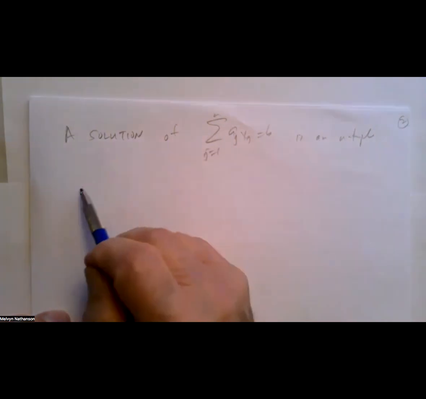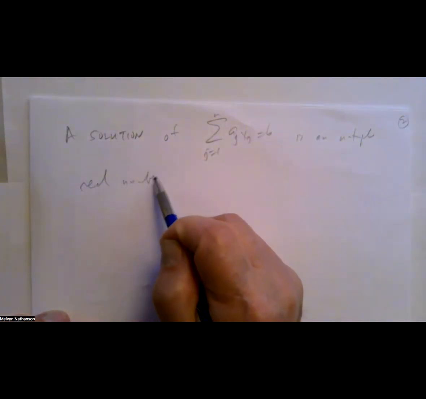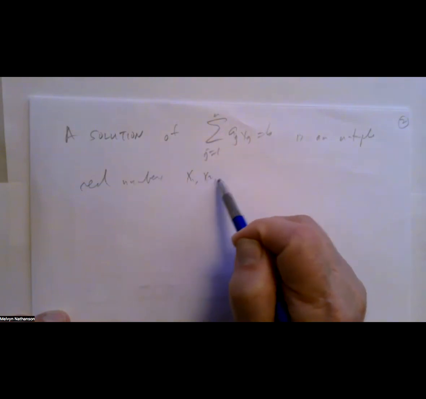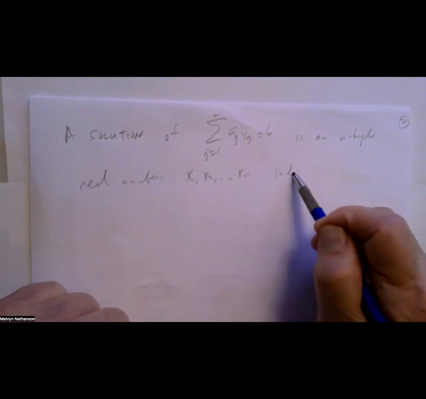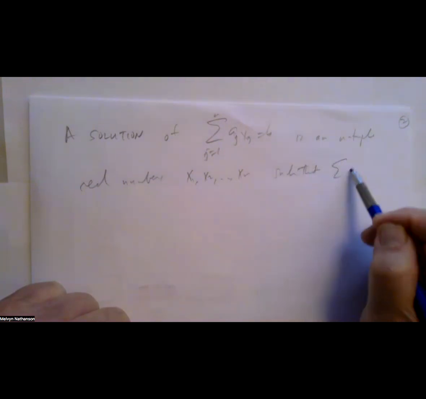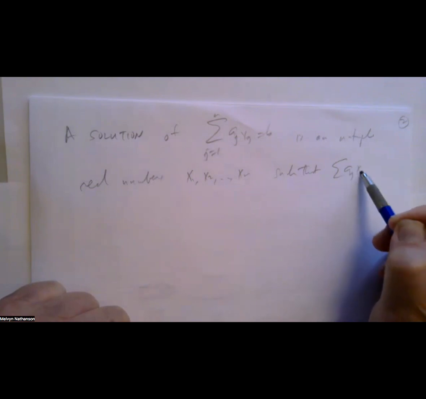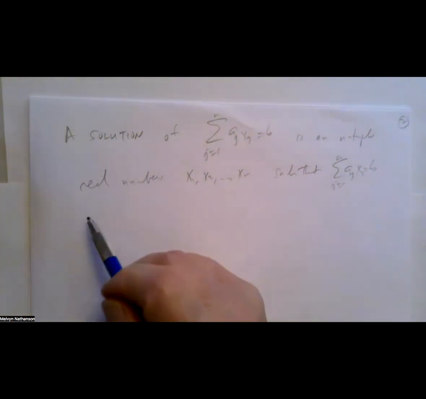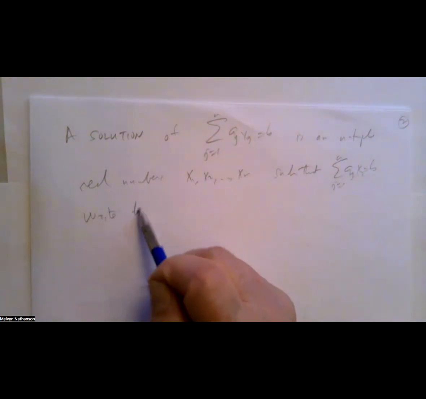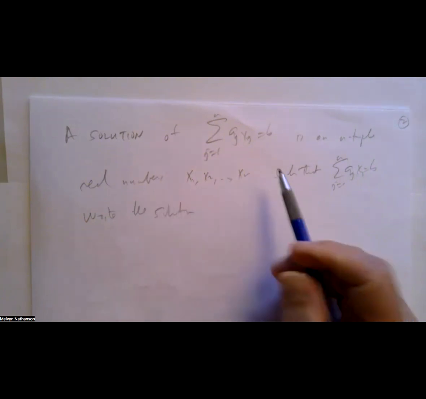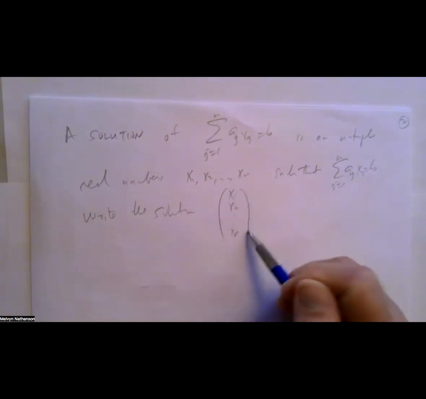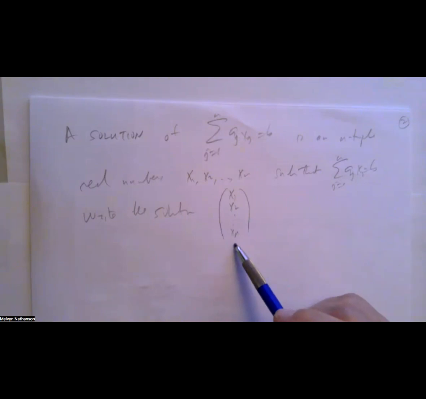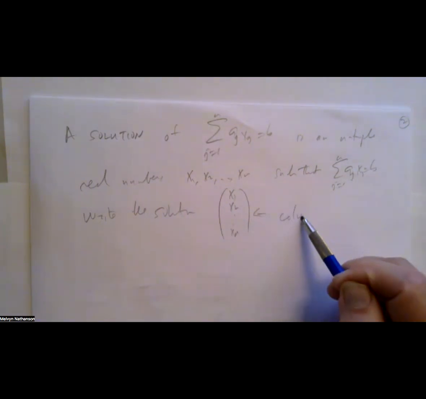That just means n real numbers, x1, x2, up to xn, such that when you plug in the numbers and you compute the summation of a_j x_j, you just get the number b. And we usually write the solution in this form as a column, x1, x2, going down to xn.